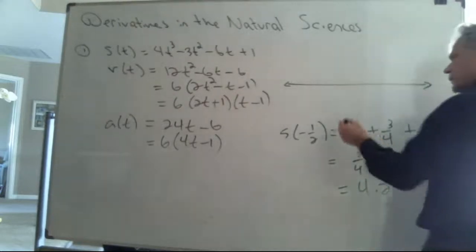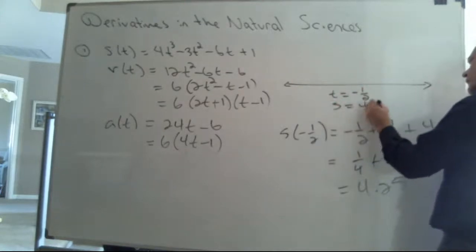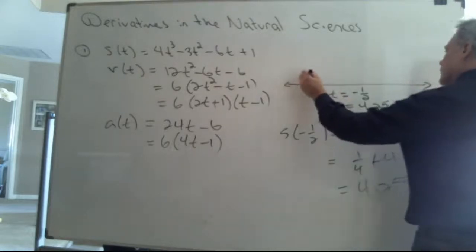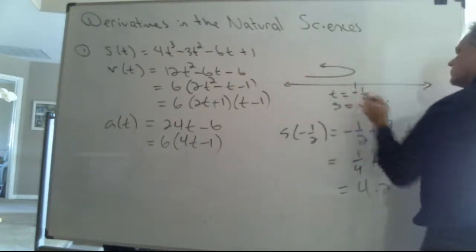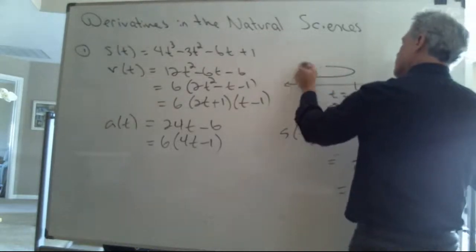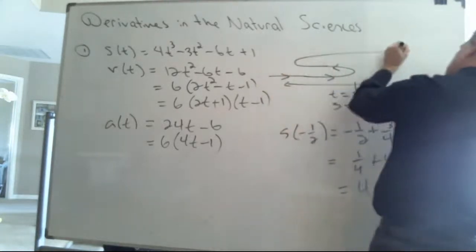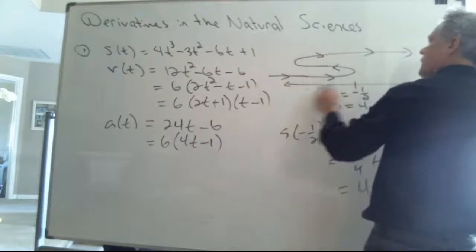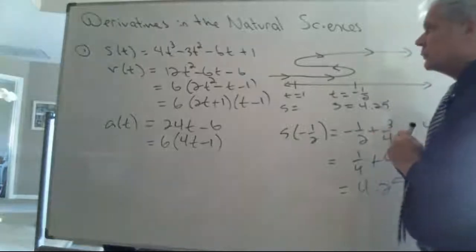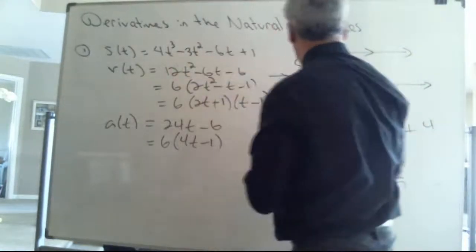So at t equals -1/2, the position is at 4.25, and the particle changes from moving in the rightward direction to moving in the leftward direction. Now it changes direction again at t equals 1. So here, when t is equal to 1, I'm at a position of s being equal to, don't know, 1, 2, is that -4?